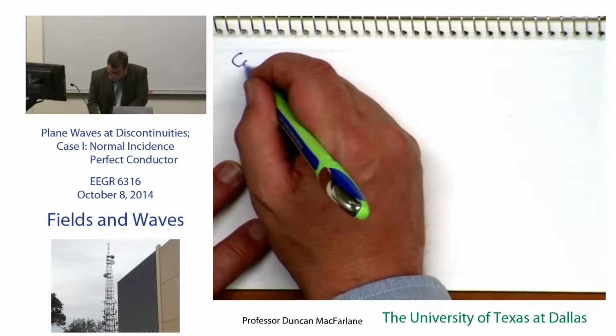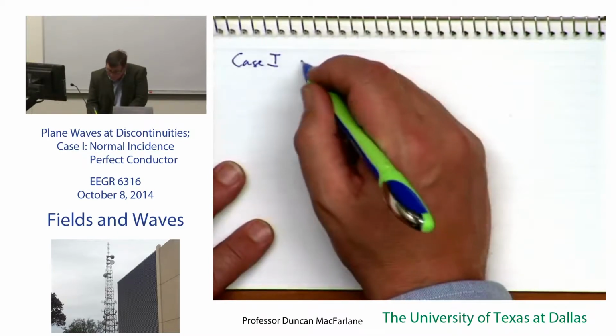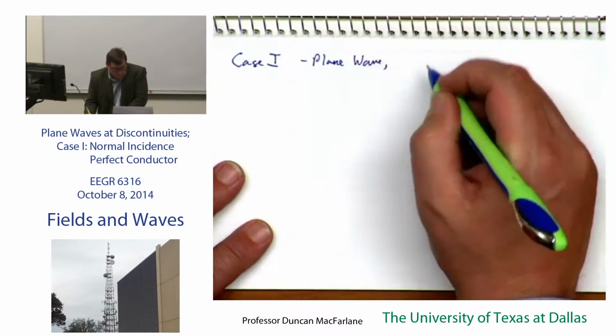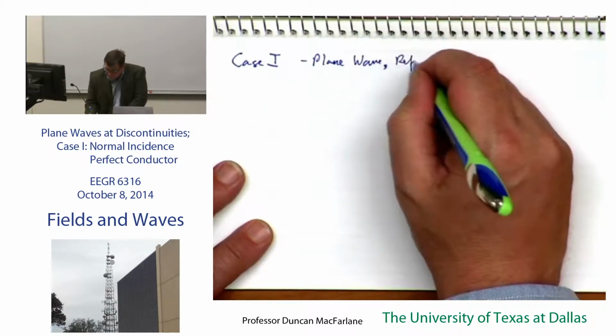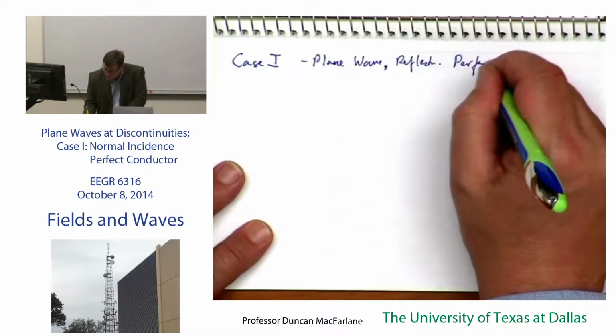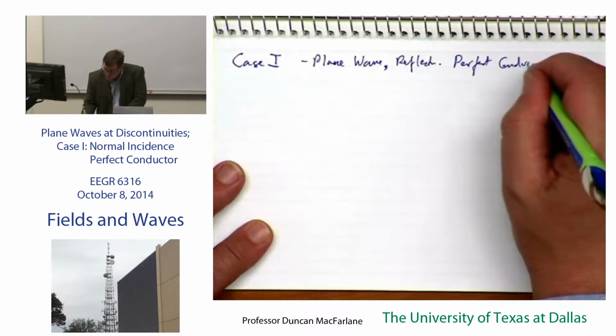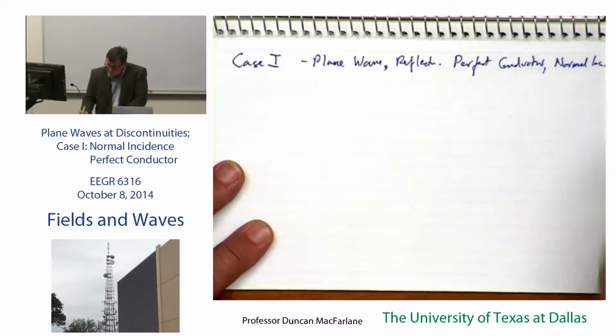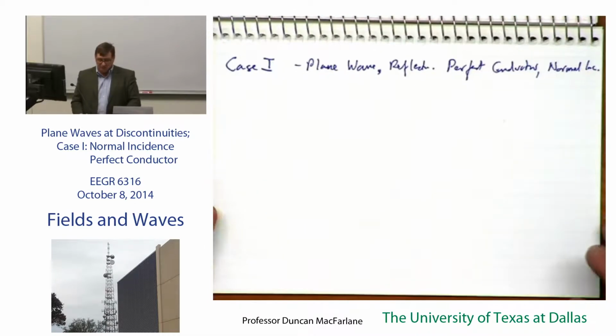And our first case is a plane wave, reflection, perfect conductor, normal incidence. Okay?